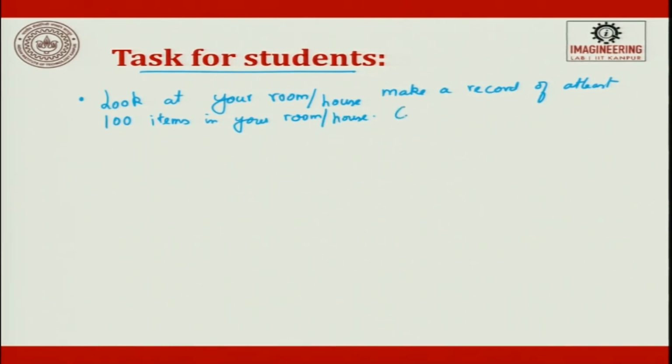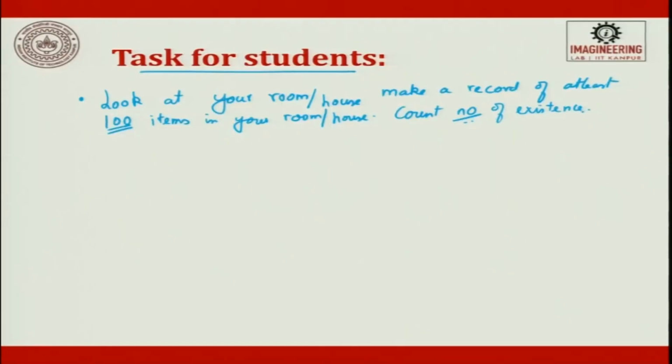Count their numbers, their existence. These should not be things like a car or scooter; they should be items like pen, pencil, rubber, which you buy in multiples. Count the number of each that is available in your house. Record it in an Excel file.